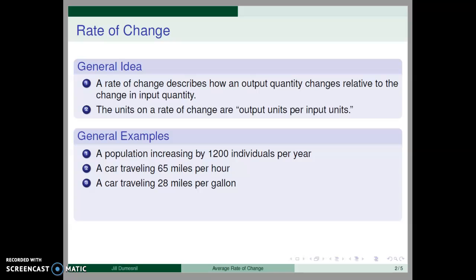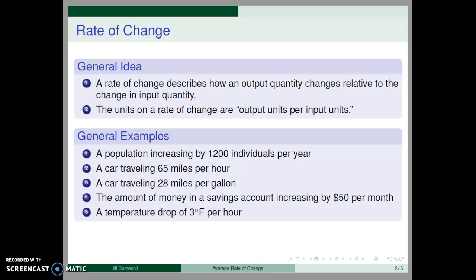So in example 2, at 65 miles per hour, we're talking about a speed, a rate of change in mileage relative to time. And in example 3, we're talking about a fuel economy, a rate of change of mileage relative to gallons of gasoline used. We could be considering the amount of money in a savings account increasing by $50 per month, or maybe a temperature drop of 3 degrees per hour.